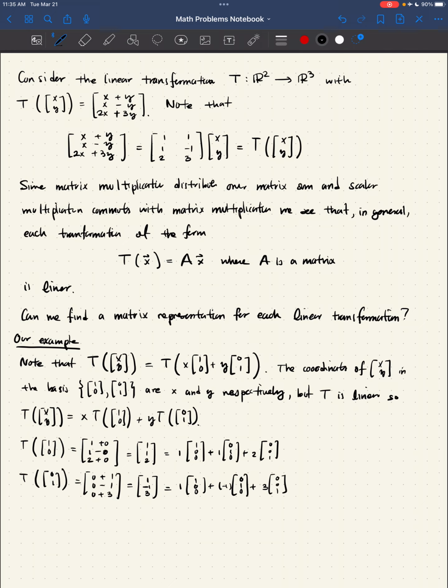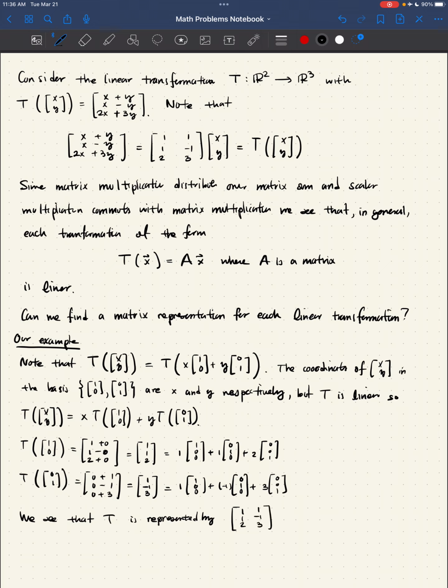Here we are indicating the decomposition of that vector in the standard basis of R3. So, let's compile everything that we have here, and we see that T is represented by the following matrix: 1, 1, 2, 1, negative 1, 3.